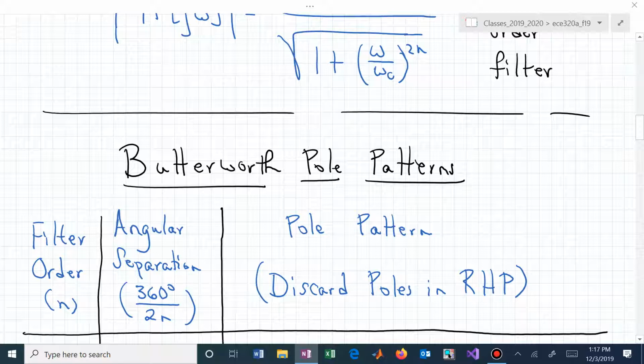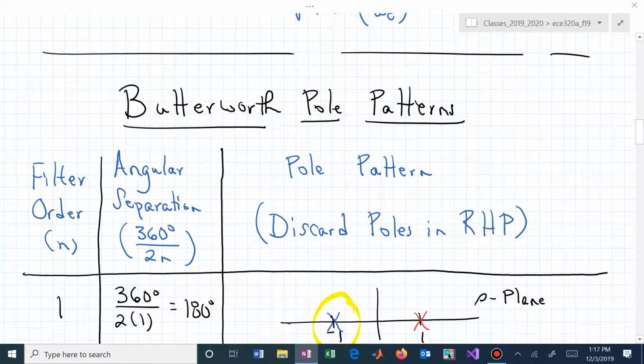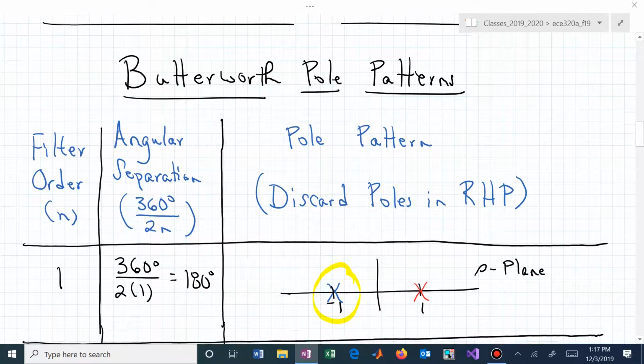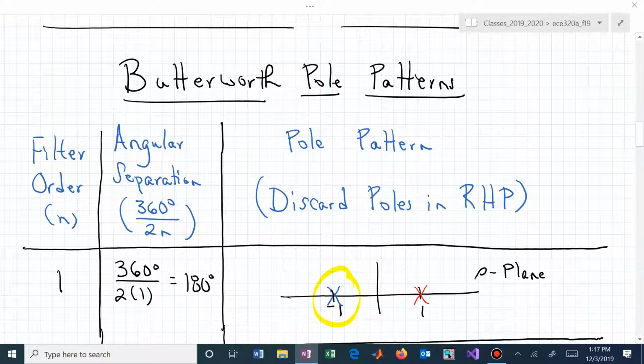Here's what we do. With n equal to 1, we use that formula and we say, oh, you now have 2 total poles, of which we're just going to retain half of those. So we're just going to retain 1 of those. And those 2 poles are going to be separated in their angular separation by 360 divided by 2 times n, or 180 degrees.